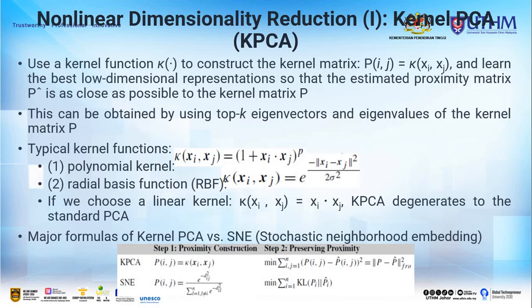So these eigenvectors correspond to the principal components in the transformed feature space. The typical kernel functions you can see here: k(xi, xj) equal to (1 plus xi dot xj) to the power of P. Next, the radial basis function, the RBF kernel, we have k(xi, xj) equal to e to the power of negative the norm of xi minus xj squared divided by 2 sigma squared.